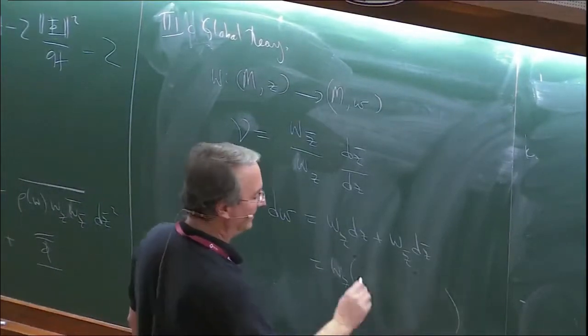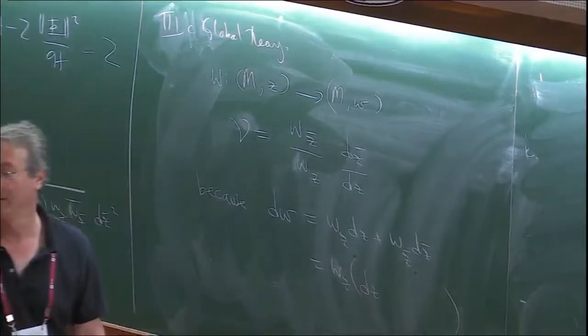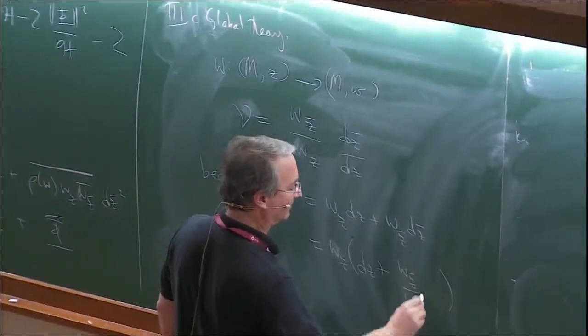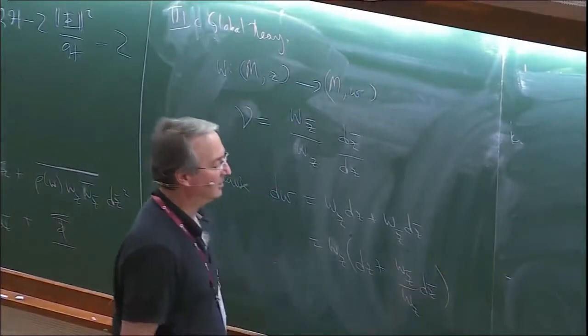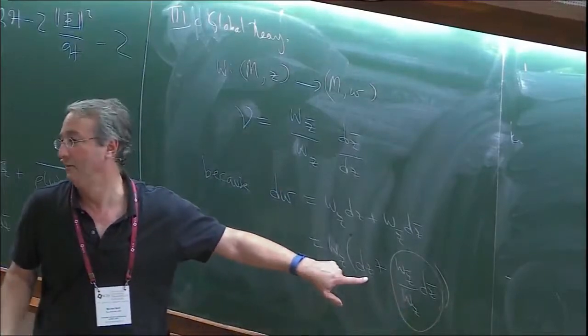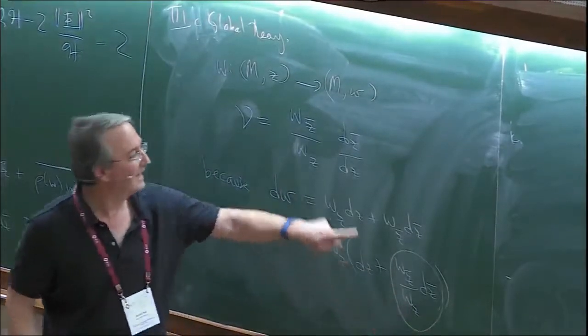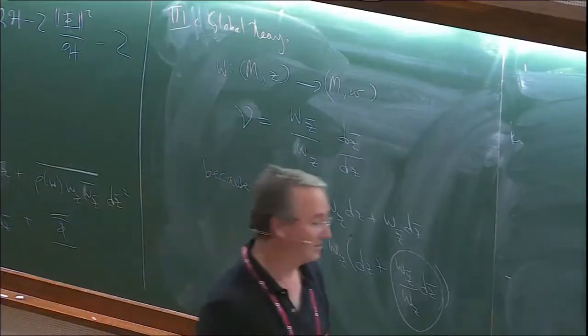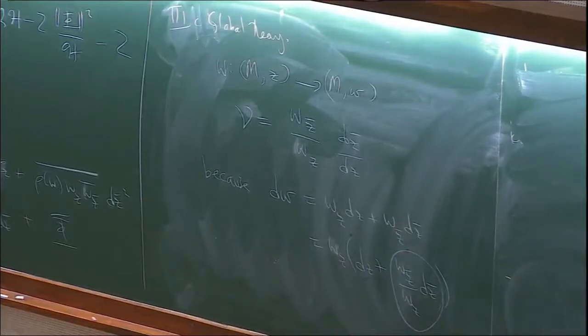And so what I have is wz bar over wz, dz bar, and this is measuring the difference from being a multiple of dz, so I care about that, and I call that the Beltrami differential. It's a characteristic tensor associated to a map between surfaces.